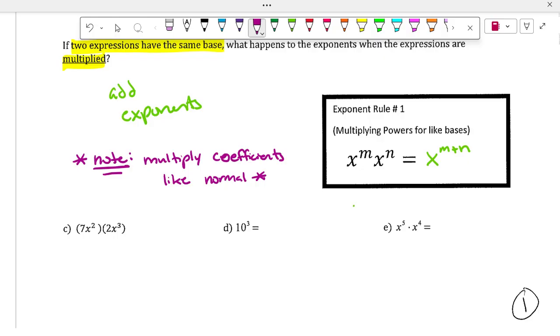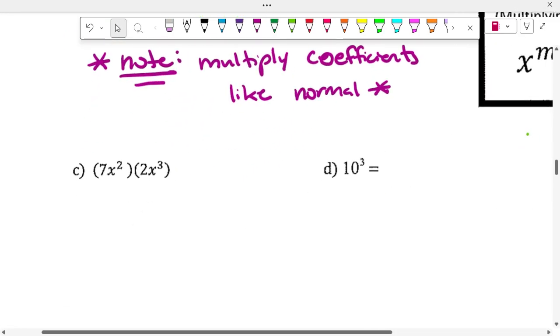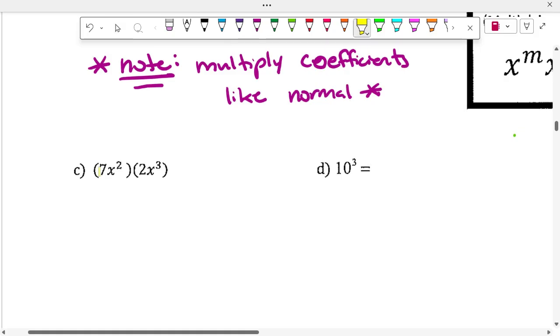Like if you look at letter C, for example, 7 and 2, for whatever reason, whenever they get into the whole adding exponent thing, they also add the big numbers. You don't. What are we technically doing with those big numbers? Multiplying them. So these coefficients, 7 and 2, you still multiply them like normal.